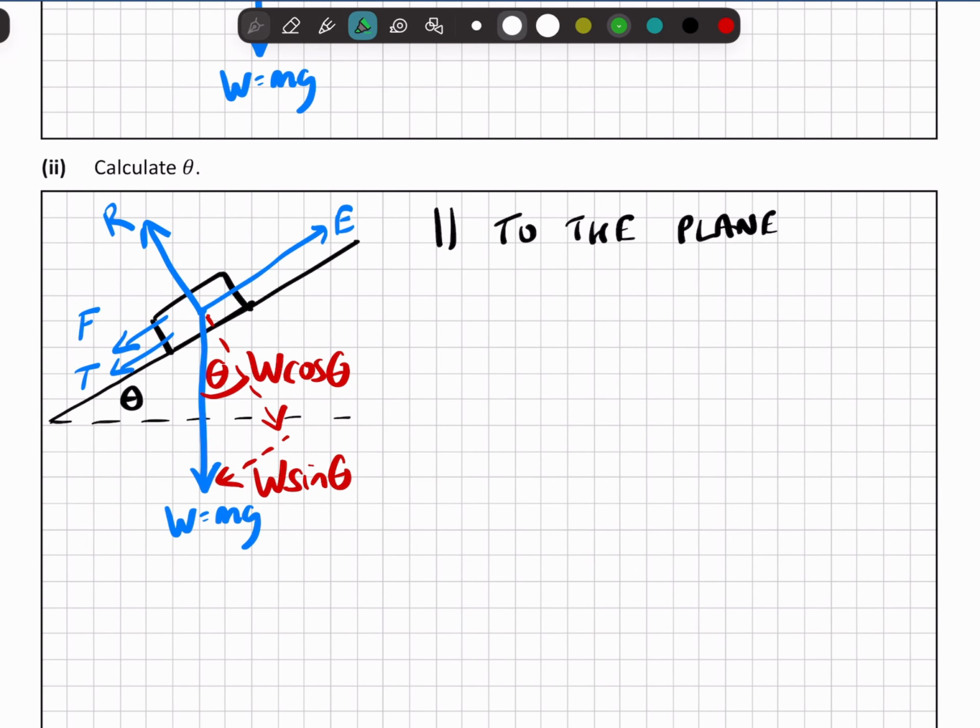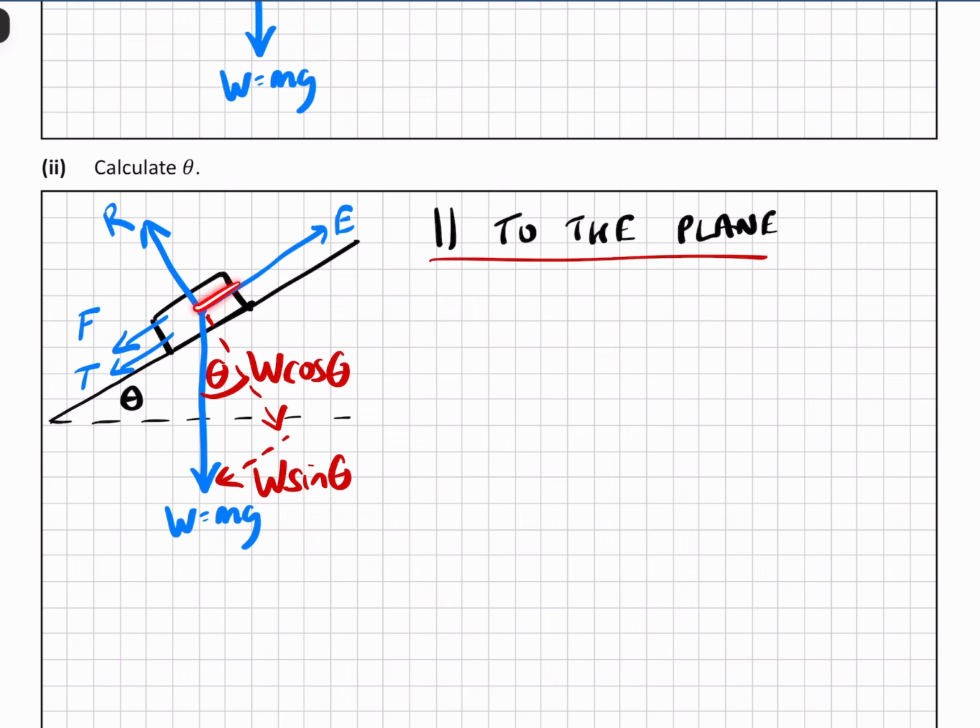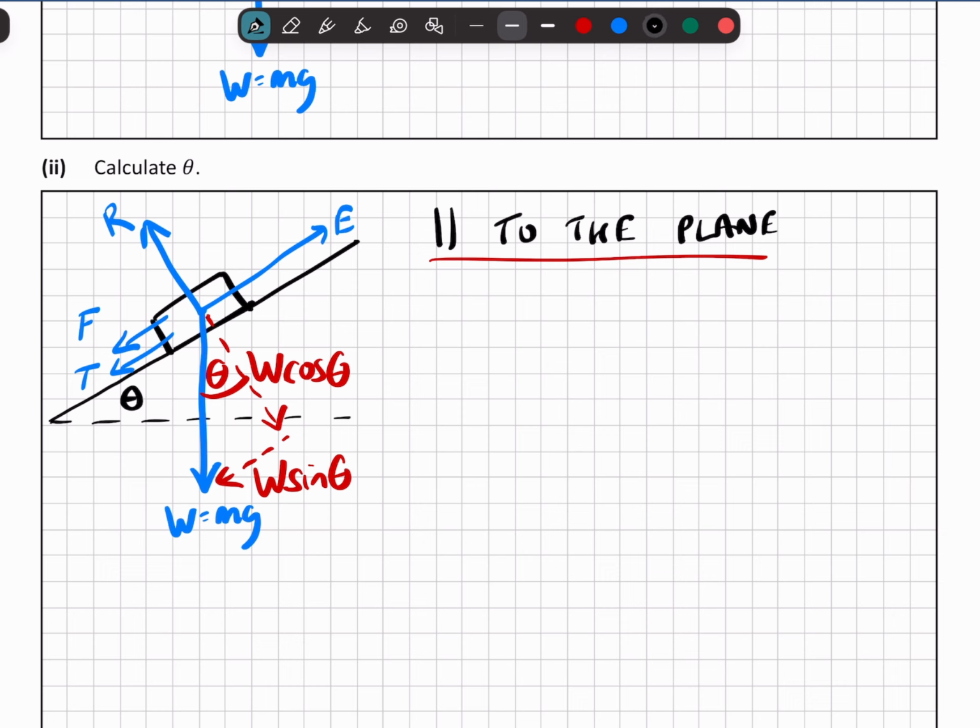So what we're going to say here is, if the net force is 0, that means the forces going up the plane are going to equal the forces going down the plane. And there are 3 forces going down. There's the friction of the jeep, friction of the trailer, and then the component of the weight. So in this case here, I'm going to say E equals F plus T plus W sine theta.